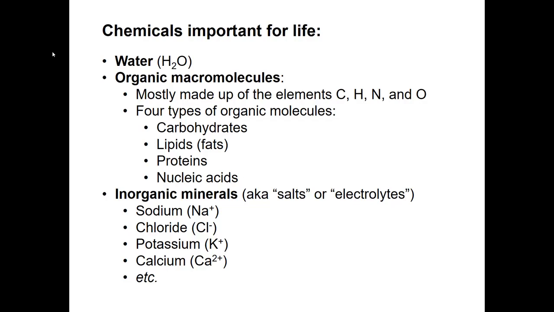They have very specific roles in the body that we'll talk about as we go forward. Some of the inorganic minerals that we'll think about going forward are sodium and chloride, which we already began to think about, potassium, and calcium. These are other things we're getting from our diet that are very different chemically than our organic macromolecules. These are little ions that we saw earlier.